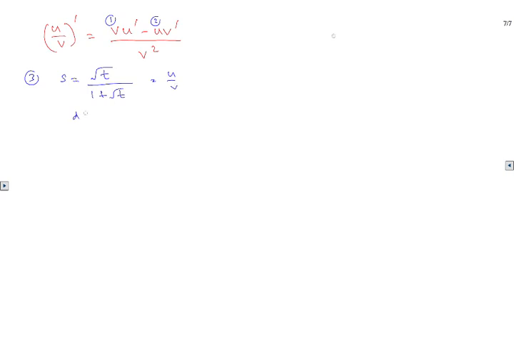So ds over dt is v, so it's 1 plus square root t times u prime, minus u v prime, over v squared, so 1 plus square root t squared.